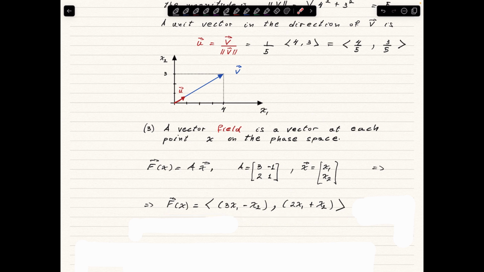For any values of x1 and x2, we do the product and we get 3x1 minus x2, and then 2x1 plus x2. The column notation is what we've been using up to now, and the bracket notation is what we have here. This is a function: you give me x1 and x2, and I get a vector. We can do that for every value of x1 and x2.